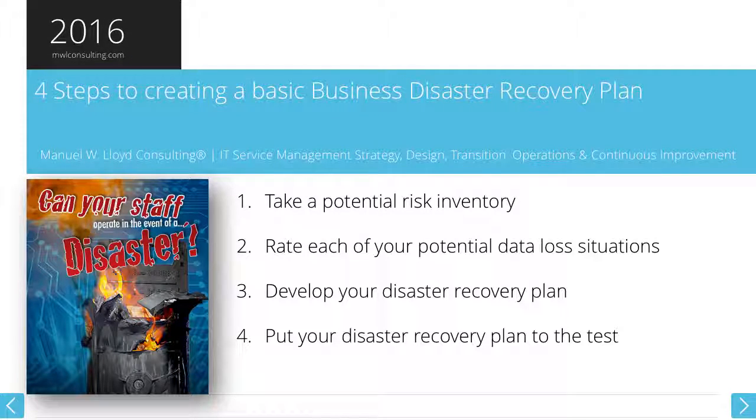Loss of data is a common problem for medical practices, in any business really. Fortunately, it's a problem that can be avoided with the correct preparation, just like anything else.